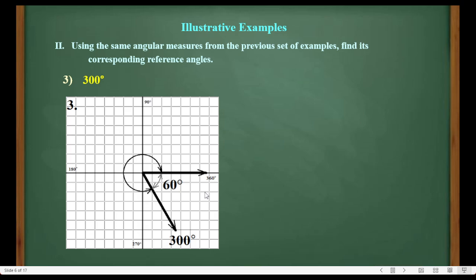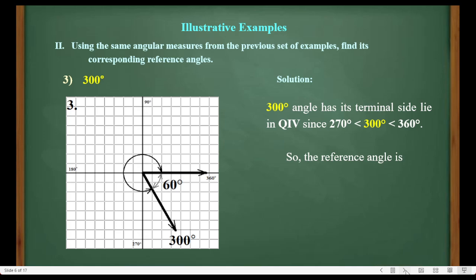Okay? So, to compute for the reference angle, we're going to subtract this given angle from 360 degrees. And we found out that the measure is 60 degrees. Okay? So, sa drawing, nasaan yun? This one right here. Okay?